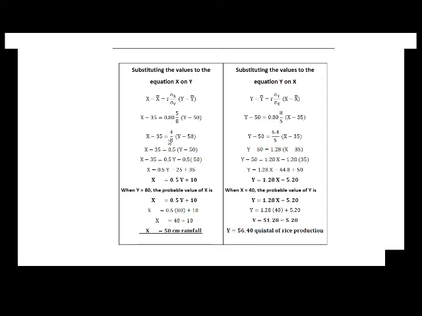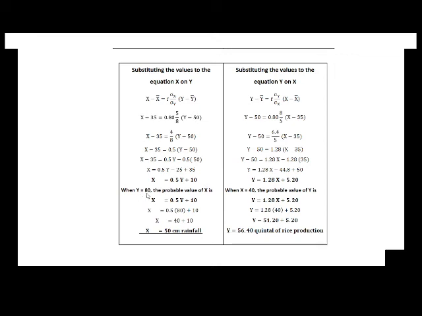X minus 35 is equal to 4 divided by 8, y minus 50. X minus 35 is equal to 0.5, y minus 50. X minus 35 is equal to 0.5y minus 0.5 times 50. So x is equal to 0.5y minus 25, that means 0.5 into 50 is 25. The 35 is shifted, so minus 25 plus 35 is 10. The final regression equation x on y is x is equal to 0.5y plus 10.